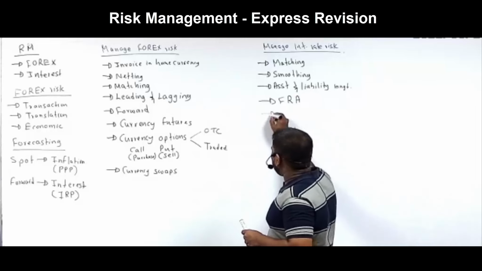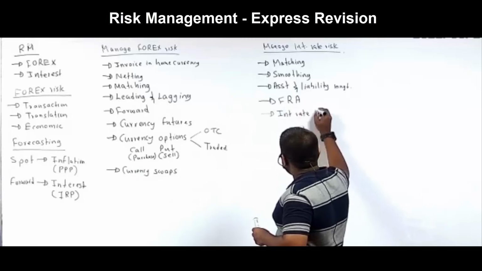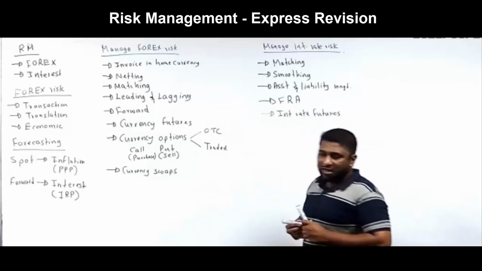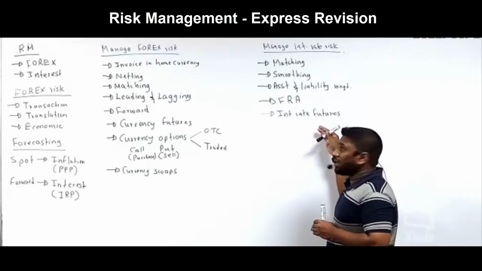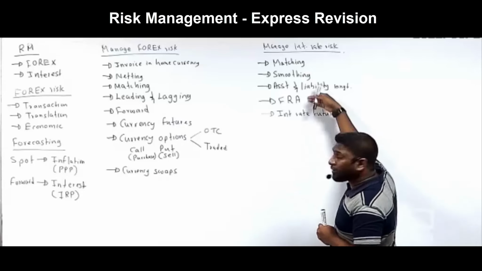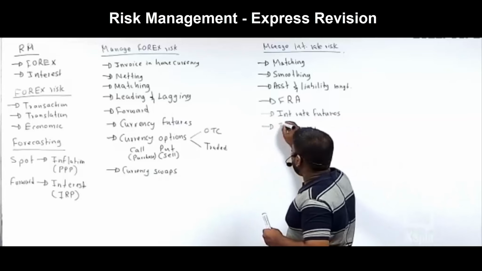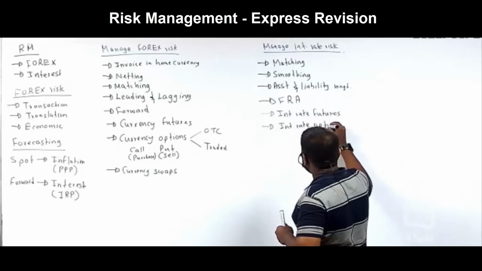And guys, next we moved into the interest rate futures. Under interest rate futures, in this one also we learn what are the differences between forwards and the futures. Then we move into the next one, guys, interest rate options.